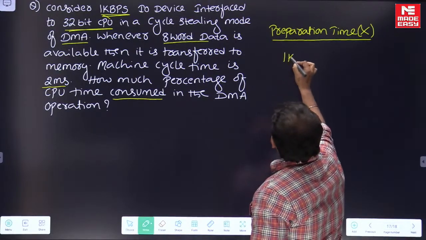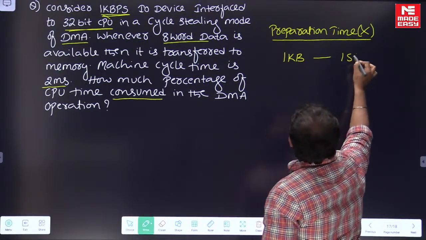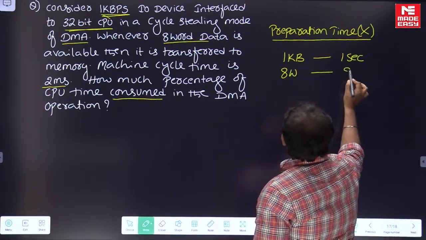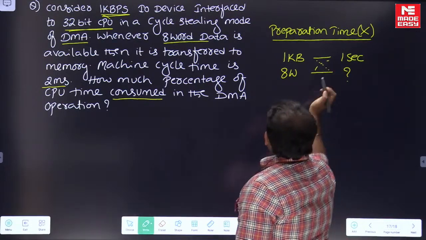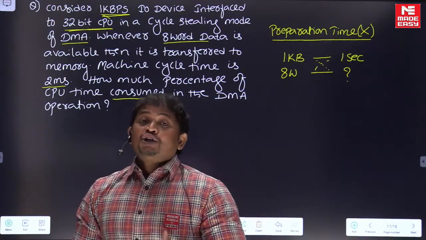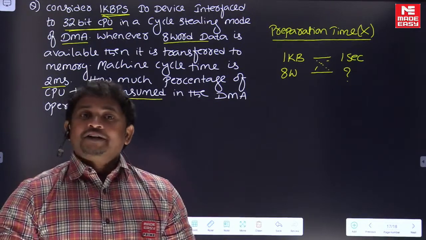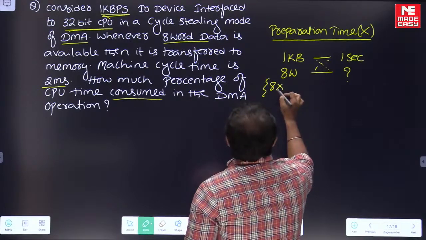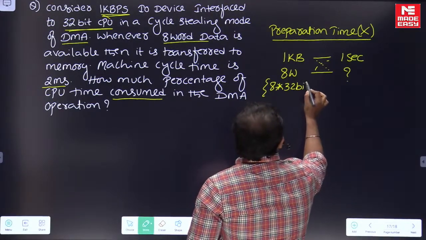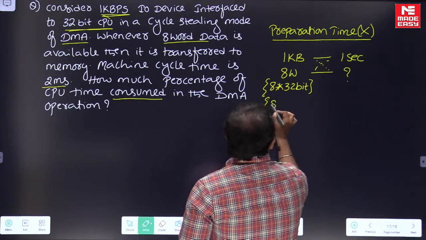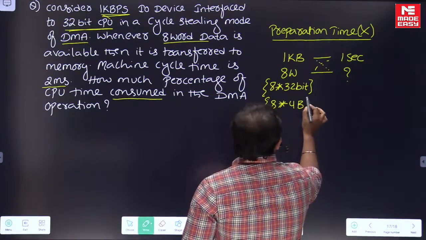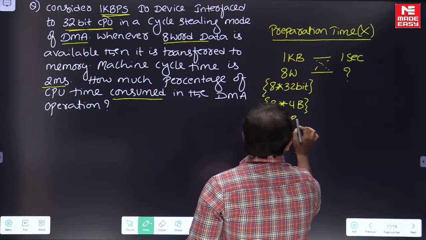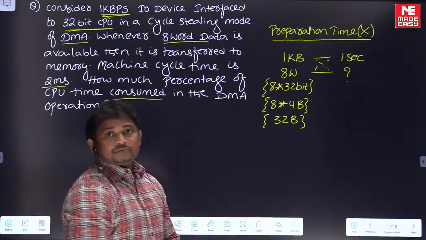Here, 1 KB of data is transferred in 1 second. From a 1 kbps device, if we want to prepare 8 words of data, how much time is required? The word size is 32 bits, which is 4 bytes, so 8 words is 32 bytes.